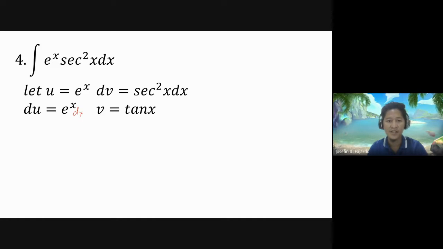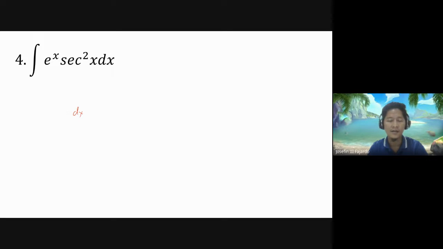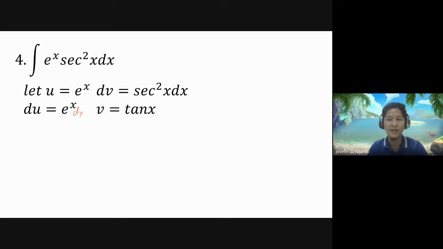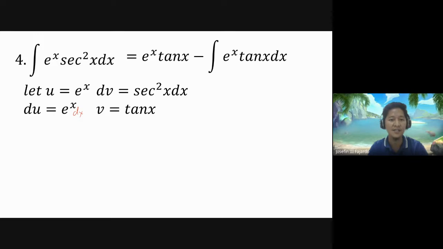Okay. Ito na yung magiging uv natin, so uv, e to the x tangent x. Tapos, ang dv natin ay e to the x tangent x, right? Okay, sir. Can you follow?